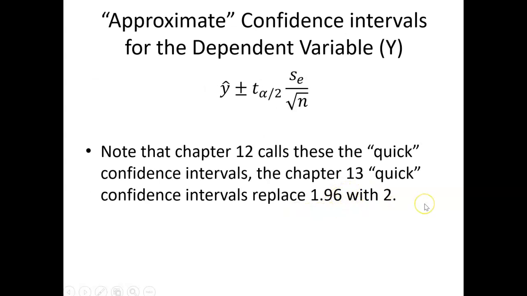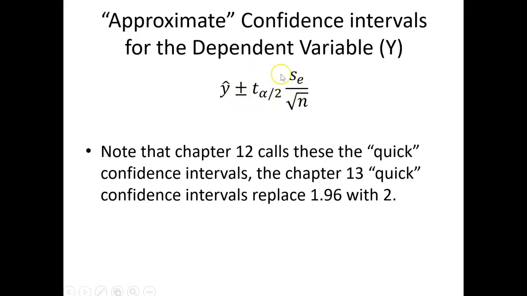The book calls these, in chapter 13, approximate confidence intervals. In chapter 12, this style of confidence interval is called the quick confidence interval. And then in chapter 13, the quick confidence interval replaces 1.96 with 2. So that's confusing as you go from chapter 12 to 13.